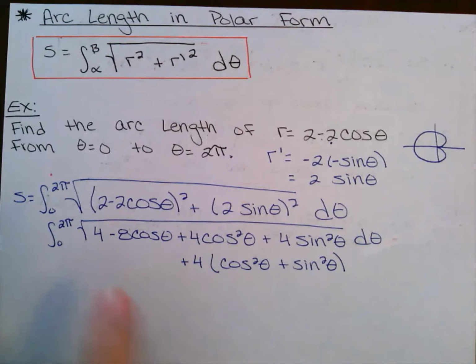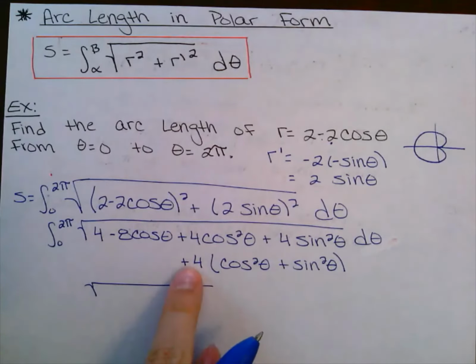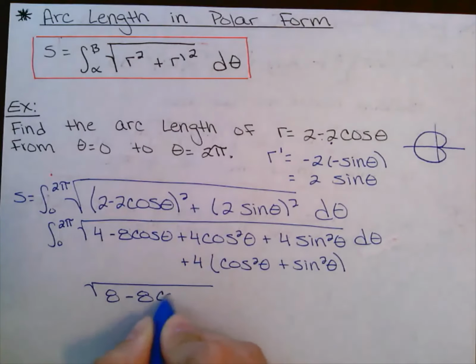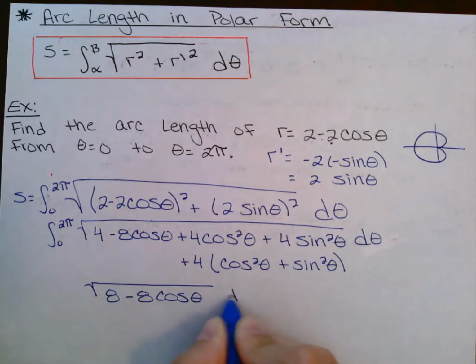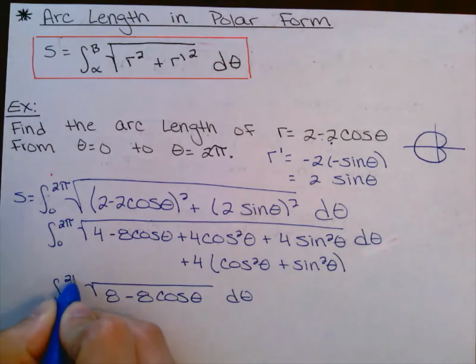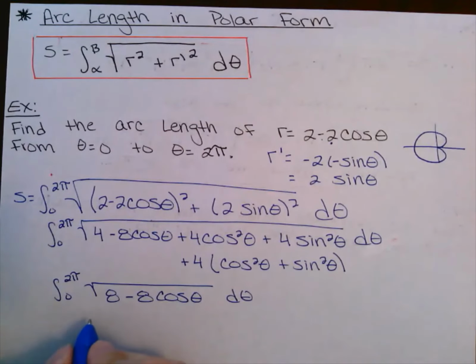So then I can add it over here with this one and say 4 plus this other 4 is going to be 8 minus 8 cosine of theta d theta. I can factor out my 8s. I'm going to bring that square root of 8 out to the front.